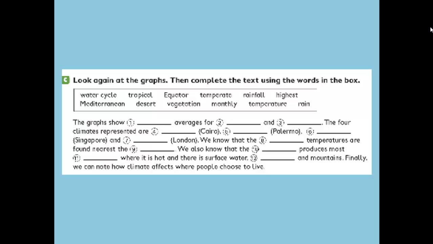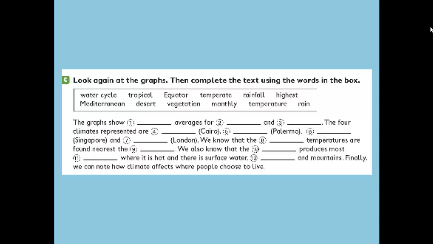The graphs show monthly averages for temperature and rainfall. The 4 climates represented are desert, Cairo, Mediterranean, Palermo, tropical, Singapore, and temperate, London.